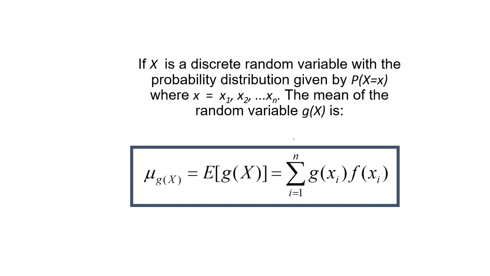If x is a discrete random variable with a probability distribution given by p of x, where x is x sub 1, x sub 2, and so on, the mean of the random variable g of x is equivalent to mu of g of x, which is still equivalent to the summation of i equals 1 to n of g of x sub i times the probability of x sub i.